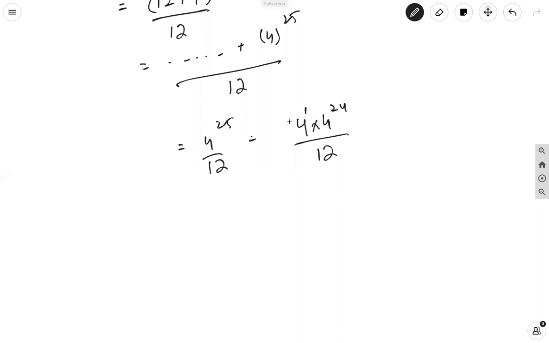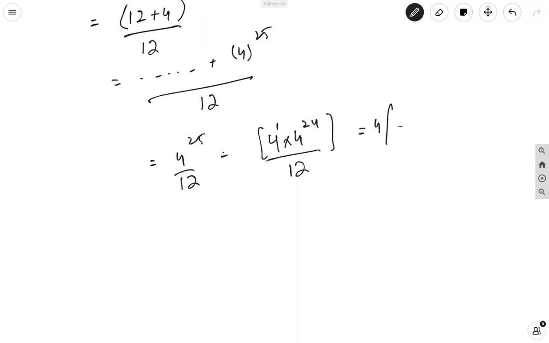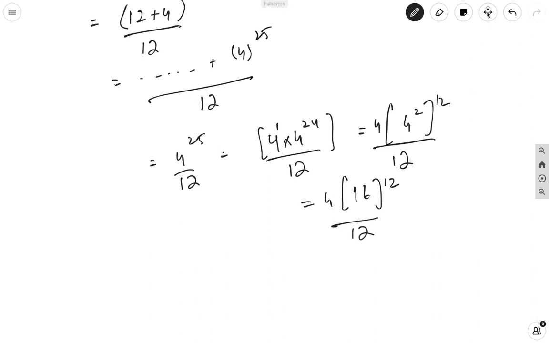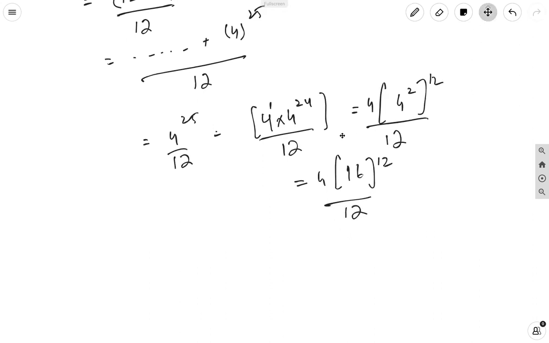So I can write 4 power 25 as 4 power 1 into 4 power 24. Nothing wrong in this, right? So 4 into 4 square to the power 12 divided by 12. This again came out to be 4 into 16 power 12 by 12. Am I doing right till now?